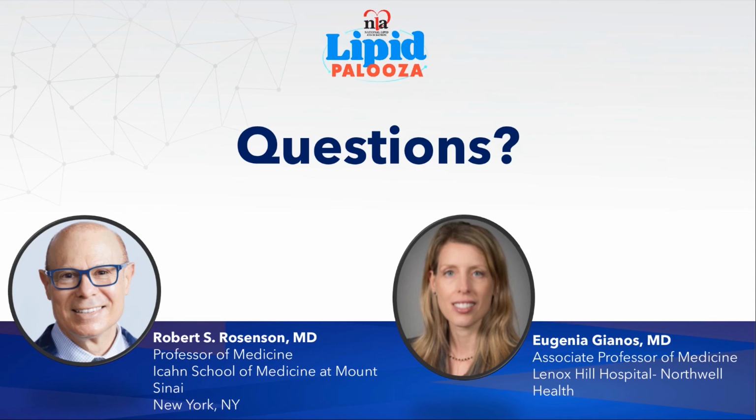If the HDL particle concentration is low, we have data from Kraus, K-R-A-U-S, from Duke, not Ron Kraus but a different Kraus, in the STRRIDE trial, showing that high intensity, high impact exercise can increase HDL particle concentration. So that's what works in terms of the HDL space.